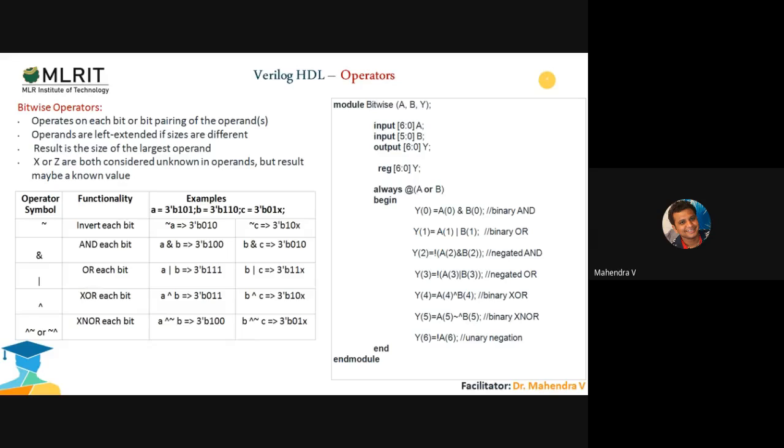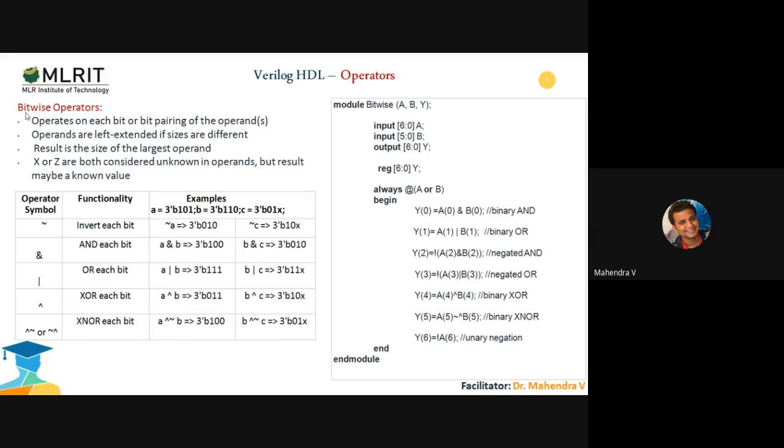Next, bitwise operators. Now this is very important, because most of the operations we perform are logical operations. Here we cannot call AND, negate, or caret for XOR the logical operators.